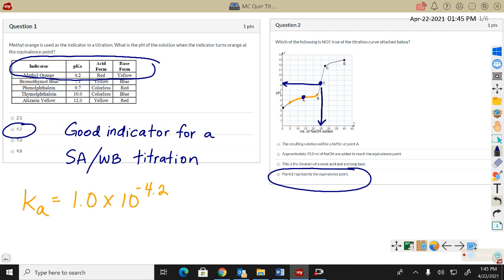And what's important about point A is that not only do we have a buffer, but we're going to have the special buffer solution that has a 1-to-1 ratio of acid and base. This is the titration of a weak acid and a strong base. Yeah, because if I take the equivalence point and follow it across, it'll tell me the pH.